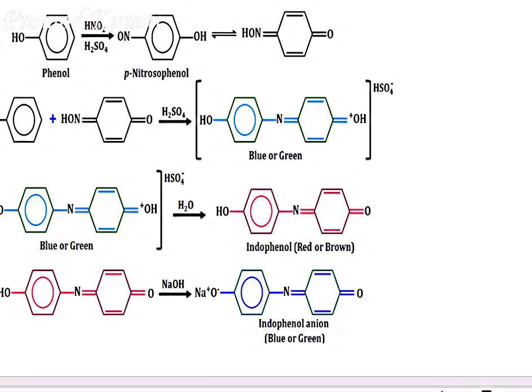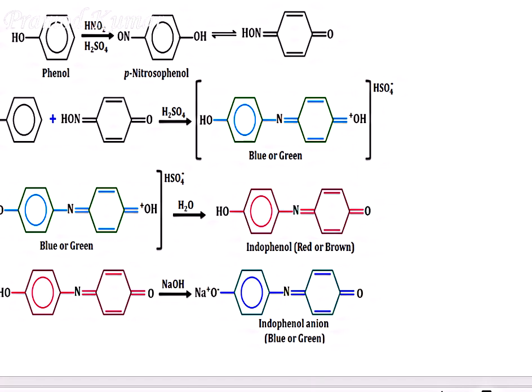You got a phenolic OH, this is connected and water is lost over here. OH plus and HSO4 minus. This is a blue-green colored intermediate. That is, in acidic medium, it gives you blue color. Okay, this is the first. So you get a positively charged cation.